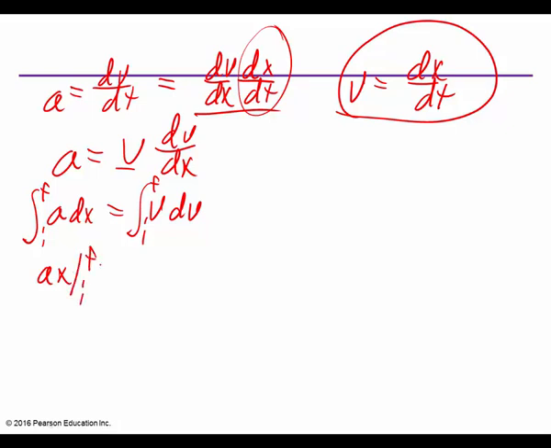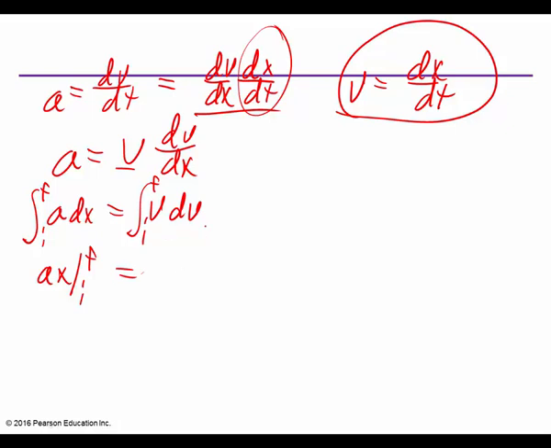X final over initial is equal to, all right, if we were to integrate v with respect to dv, and you say, well, why don't we integrate a with respect to dx? Well, because we're not. We're going to integrate v with respect to dv. Because what are we trying to get to? We're trying to get to a final velocity. That's the purpose of this. And so the integral of dx is x.